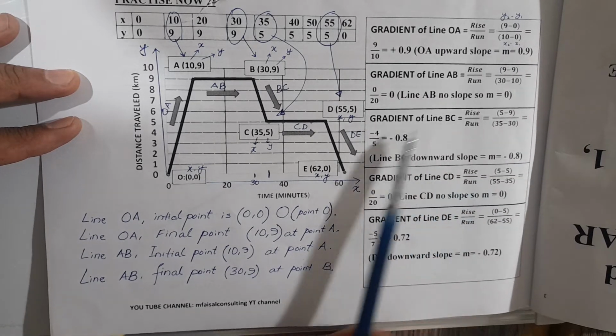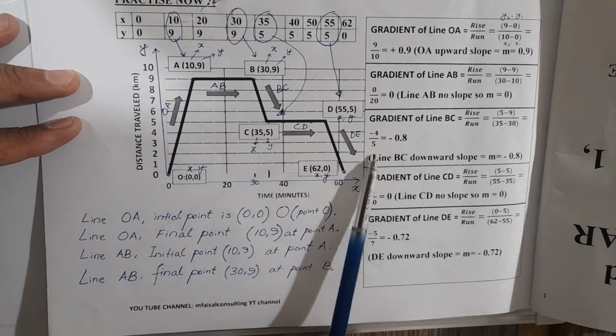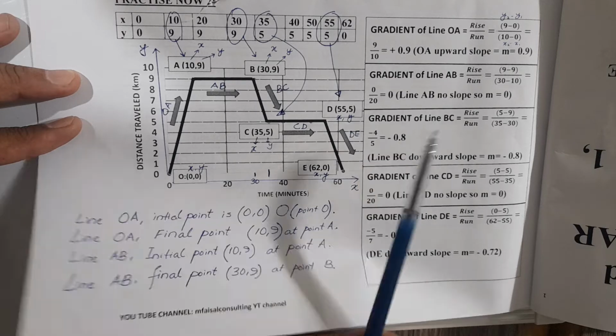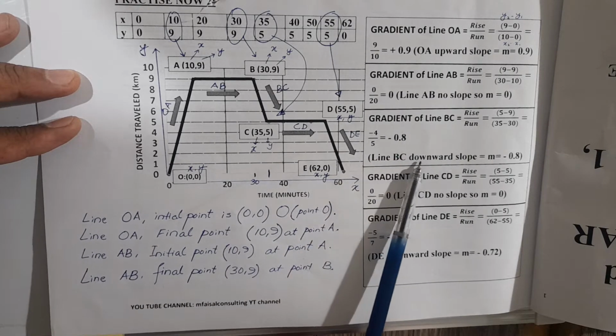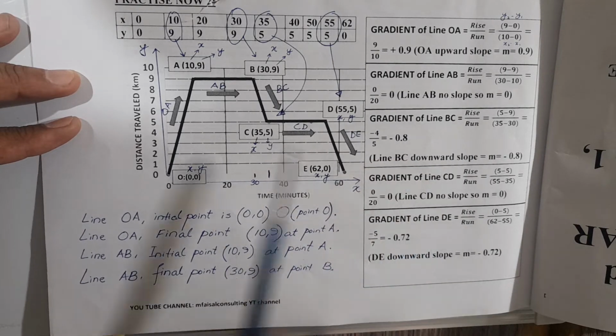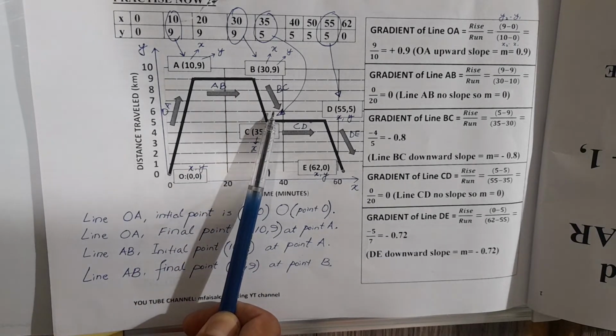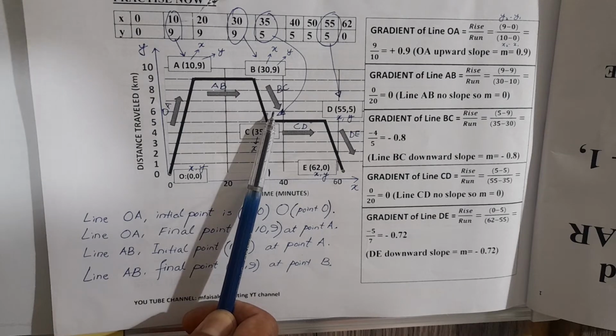So 5 minus 9 is minus 4, and 35 minus 30 is 5. So the answer is minus 0.8. So this line BC has a downward slope like this. The direction of the arrow shows the slope of the line.